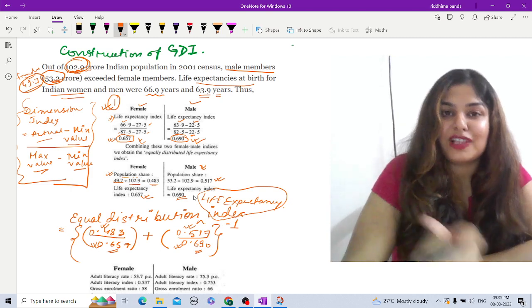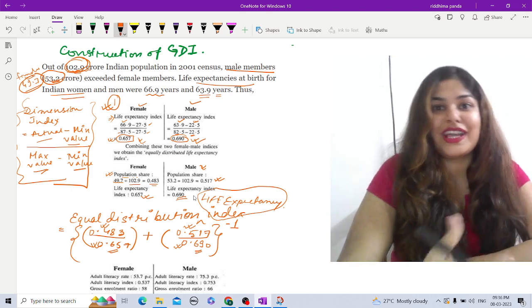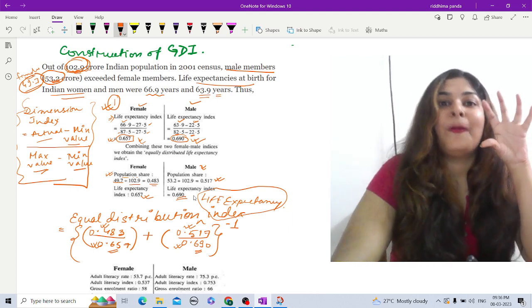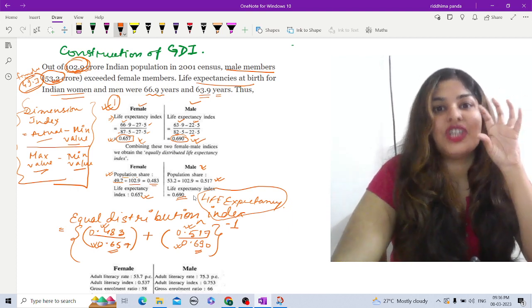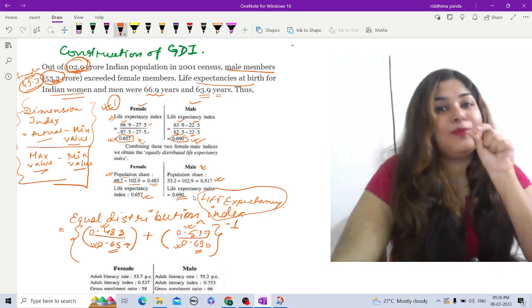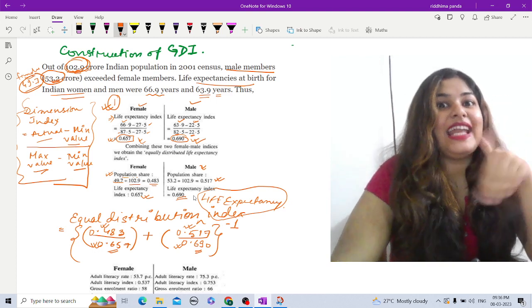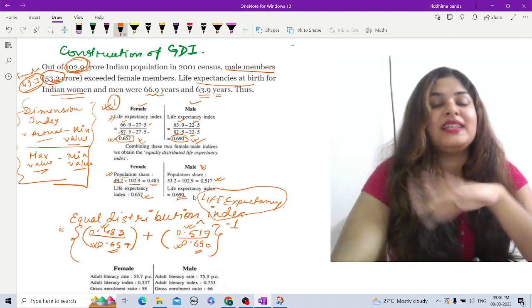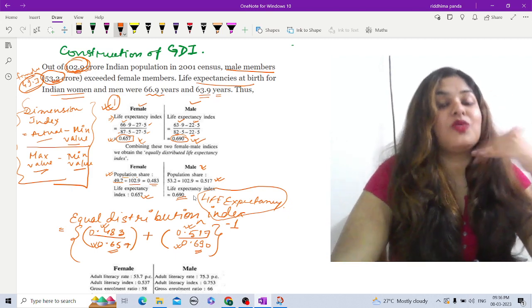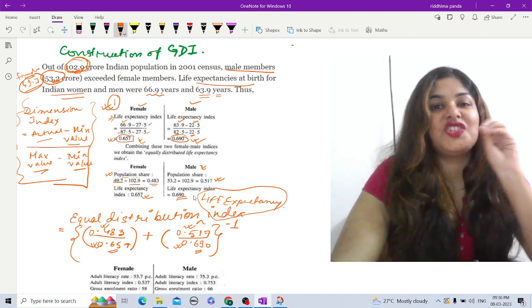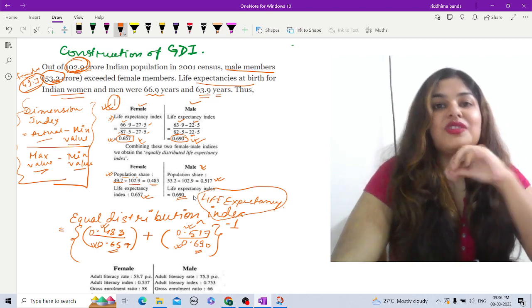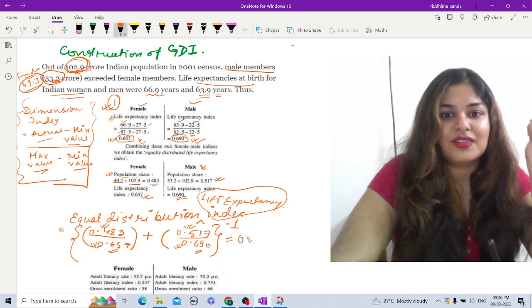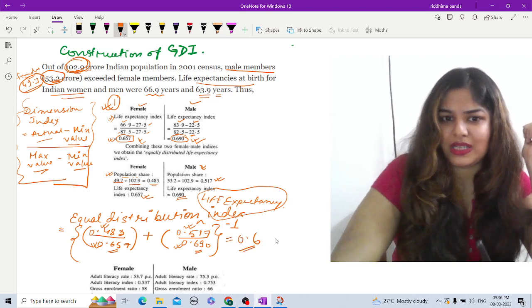Whether it is the life expectancy index, education index or income index, we divide each population share by that dimension index, add them, and take the whole to the power minus 1, the reciprocal. That is the general formula of our equal distribution index. So here we have our answer, approximately 0.6.